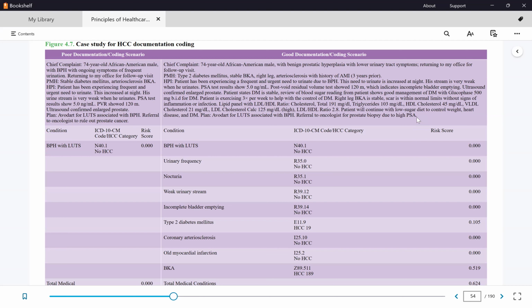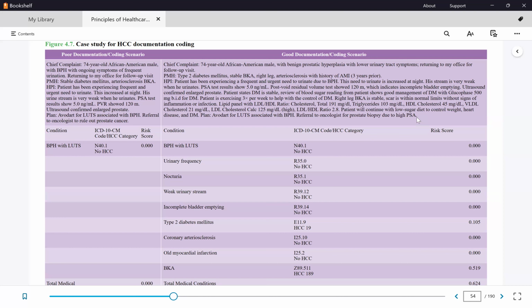We have a 74-year-old African American male with BPH, ongoing symptoms of frequent urination, stable diabetes, arteriosclerosis, below the knee amputation. History of present illness: patient's been experiencing frequent and urgent need to urinate.